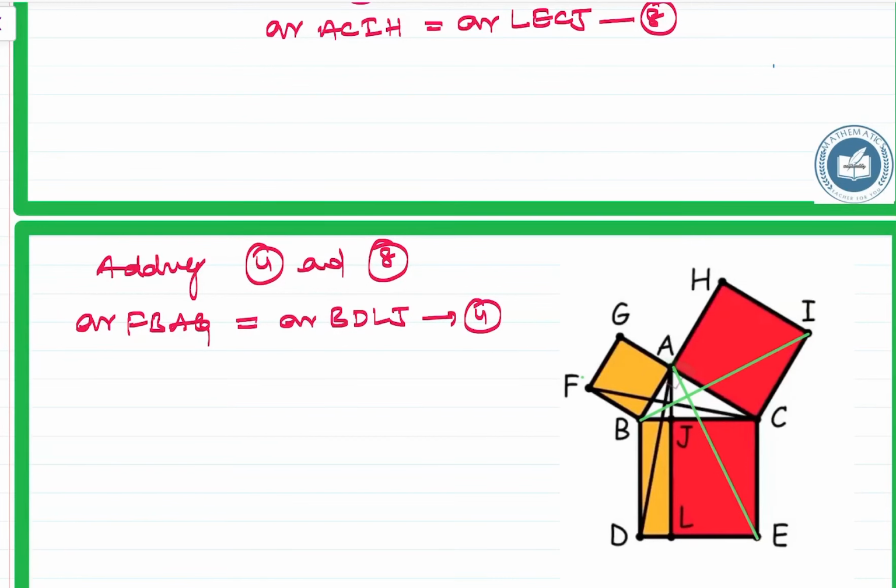And next, the area of ACIH is equal to the area of LECJ. This is the 8th one.